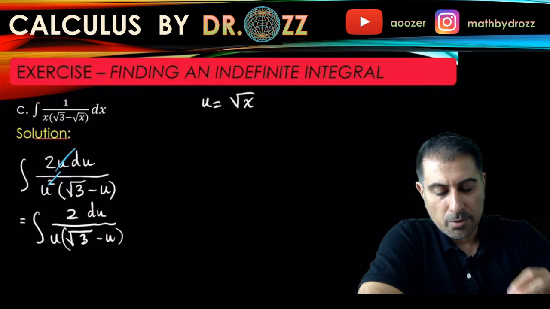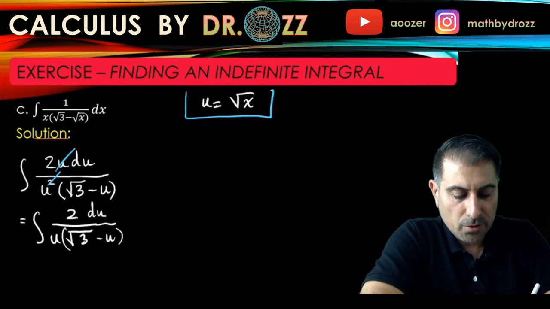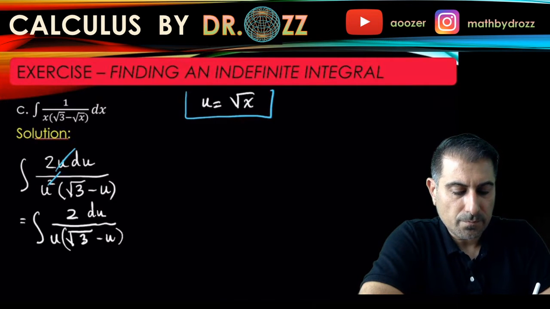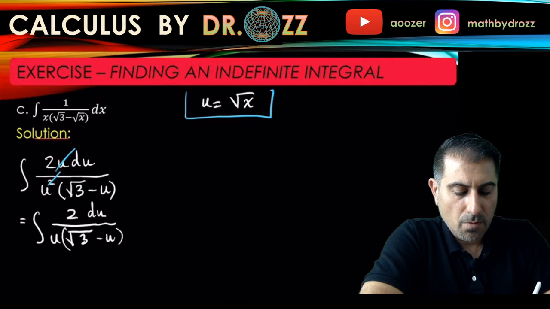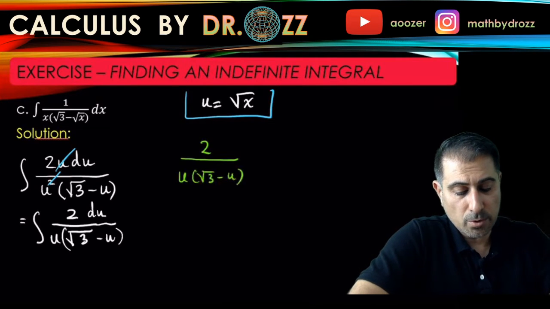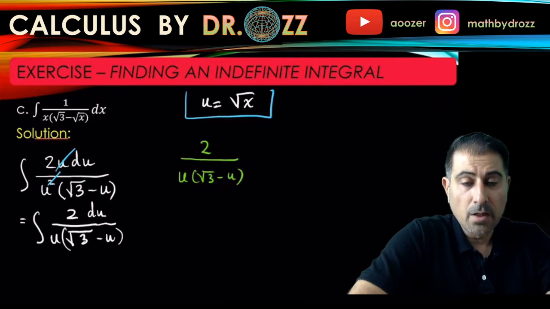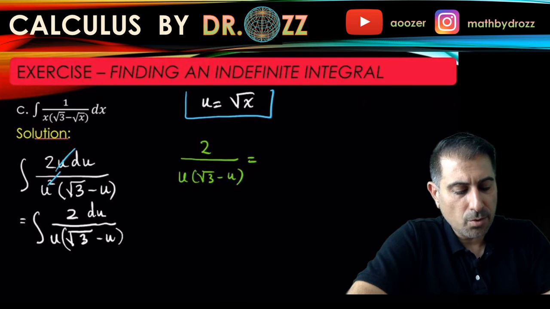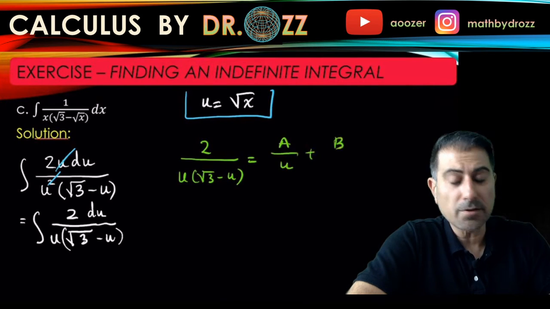So I am going to rewrite this 2 over, let me use a different color. And I'm going to use a partial fraction for this fraction where you have the quadratic in the bottom. So both factors are linear, so I'm going to use A over u plus B over radical 3 minus u.